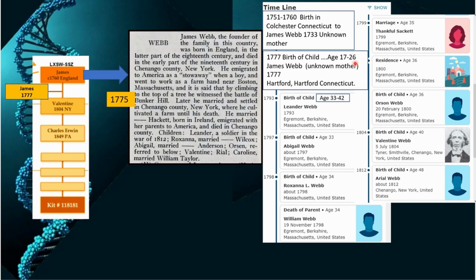It's not proven. But because the DNA is closer to this particular James Webb, that's why I'm probably going to go mess with the line. The nice thing to do is add another line that is just your preference.